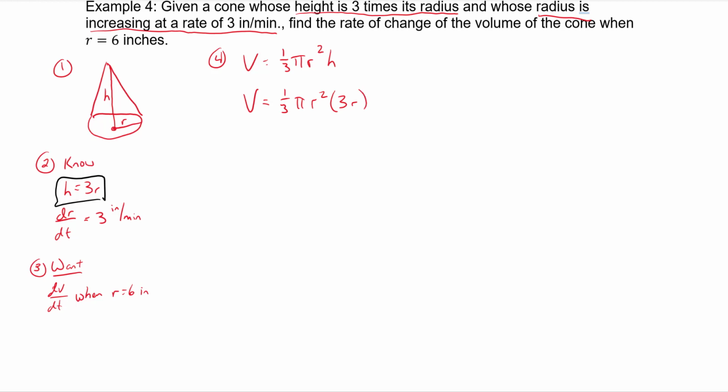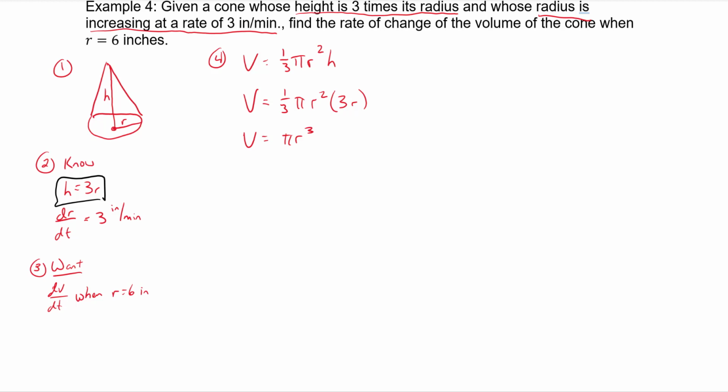Because height was 3r. So cleaning that up, we get volume is equal to pi r cubed.